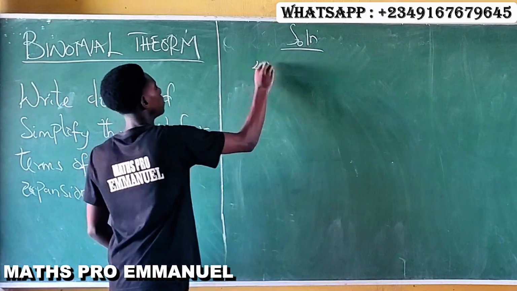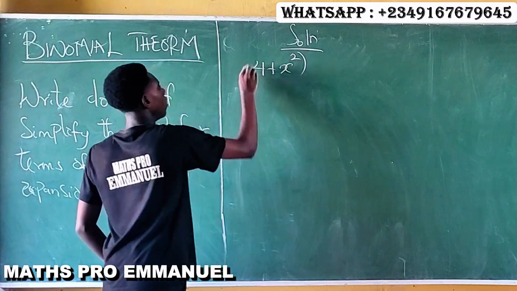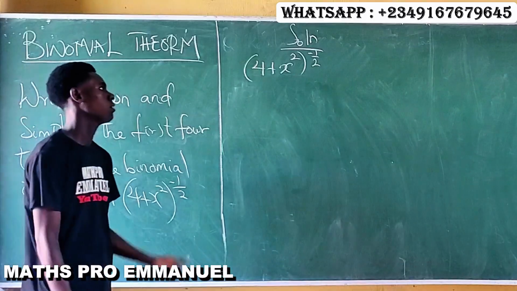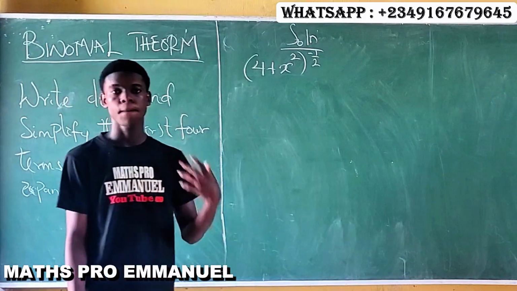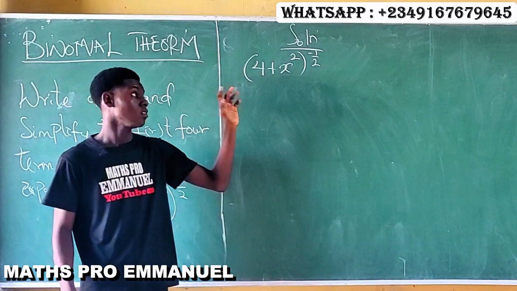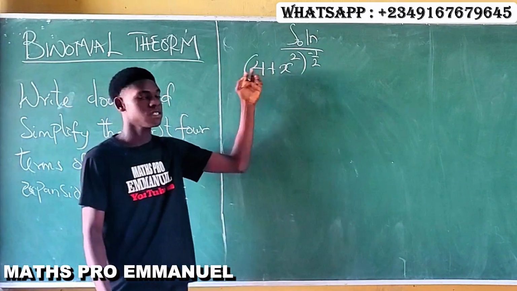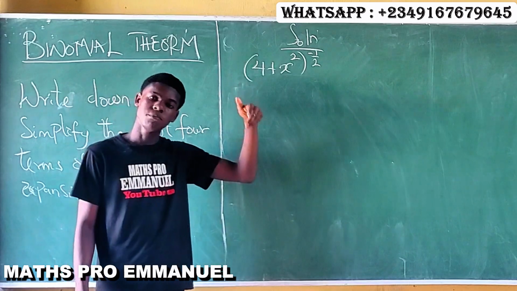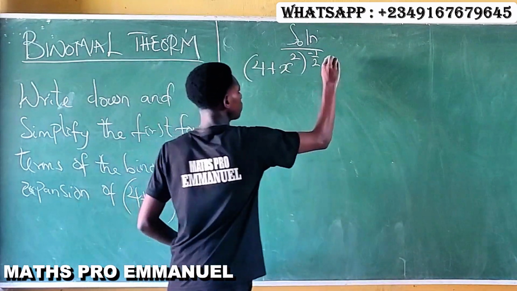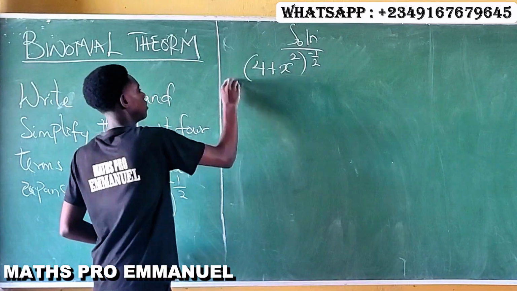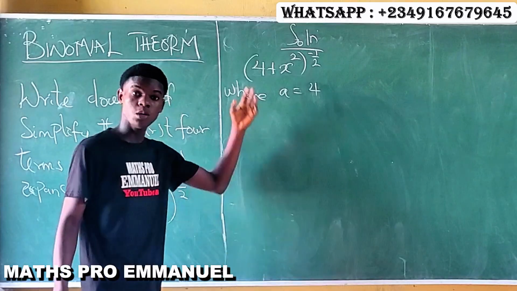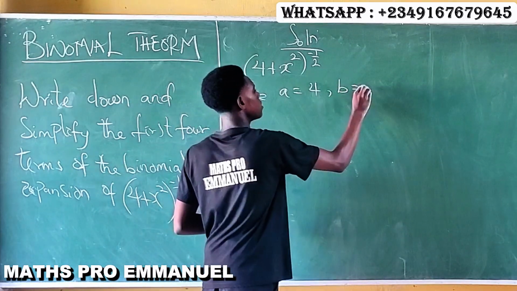We have to expand (4 plus x squared) all raised to the power of minus 1 over 2. Now let's expand together. First of all, I need to get my values of a, b, and n. Here, a is 4 and b is x squared.